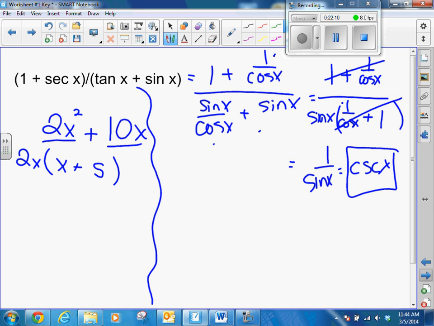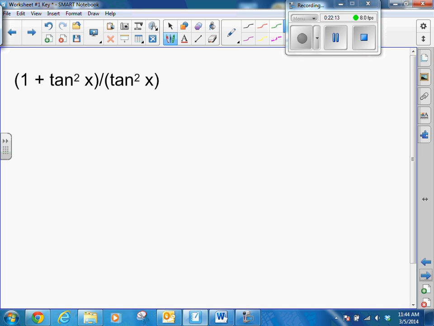One second. Let's read answers real quick, guys, just so you know you have them right. Okay, so number 8, and we'll go through a couple more in just a minute. So number 8, what did you guys get for an answer? Cosecant squared x. Number 9, you should have negative tangent squared x. Number 10, you should have cosecant squared x. Number 11, you should have sine squared x. Number 12, you should have cotangent.